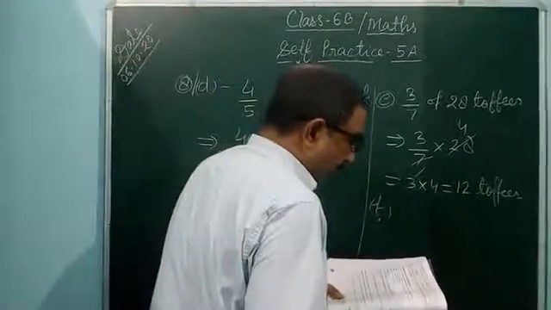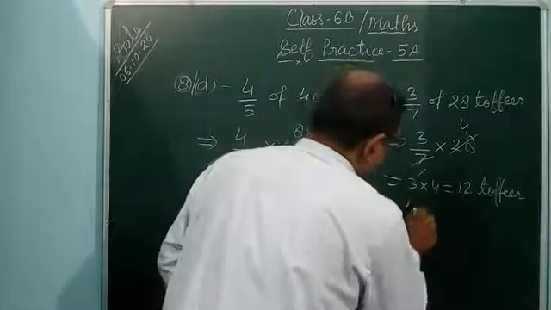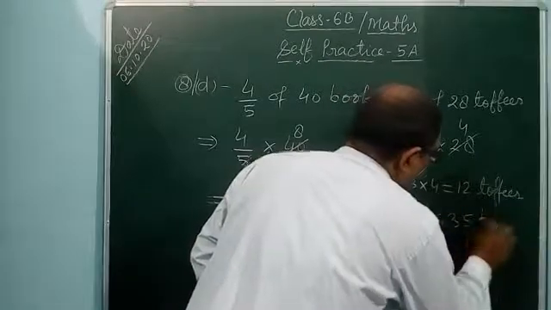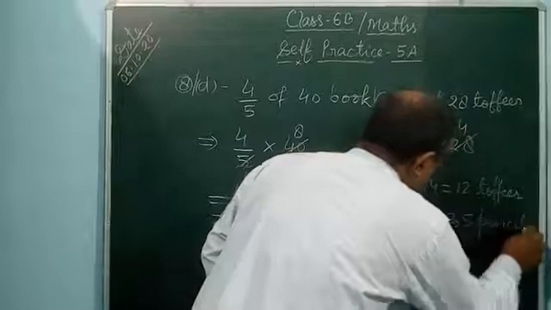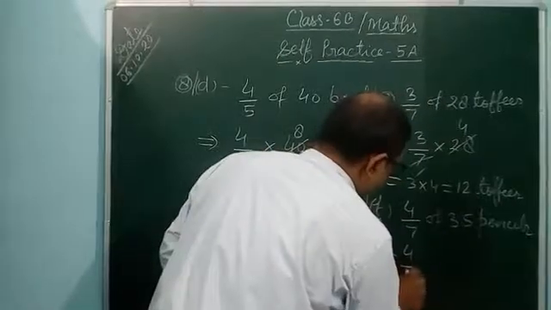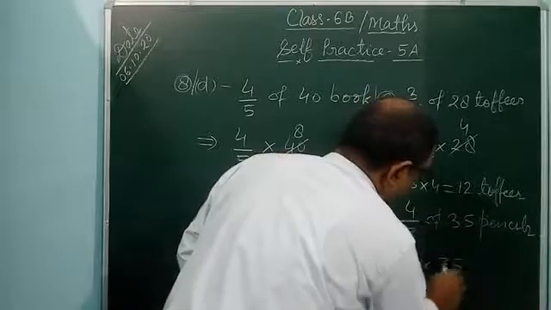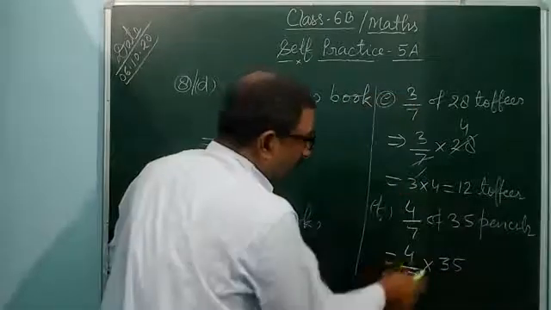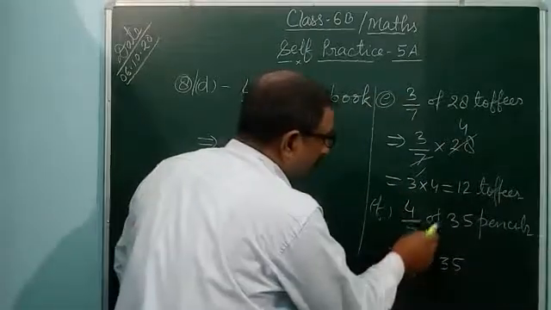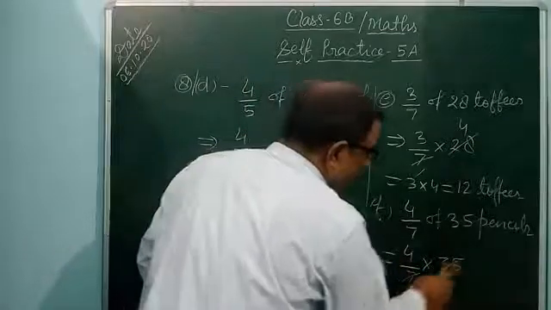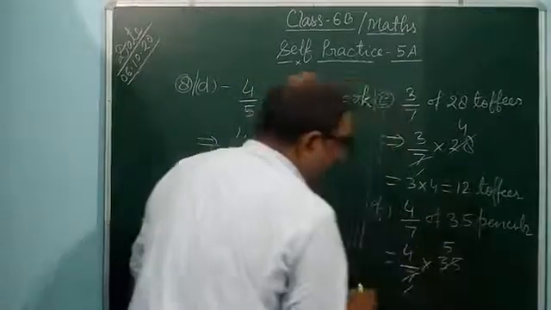Like that you can do 4 by 7 of 35 pencils. You can see 4 by 7 multiplied by 35 means, in the place of "of", you put multiply. 7 1 is 7. 7 5 is 35.